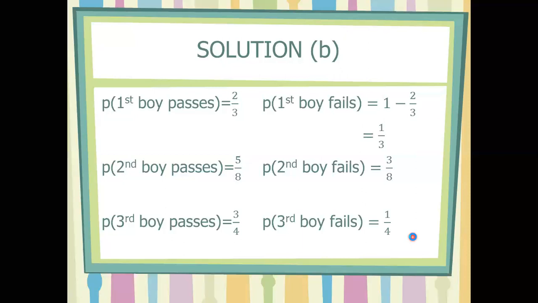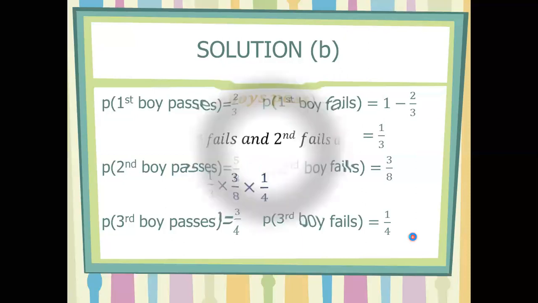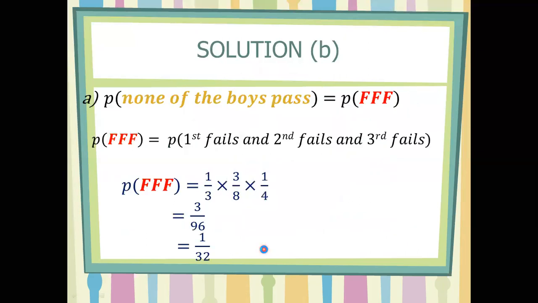So what I need to do is to work out the probability of the first boy failing, second boy failing, third boy failing as PFFF. Now that gives me 1 over 3 times 3 over 8 times 1 over 4. That's 3 over 96, and that simplifies to 1 over 32. So that makes very easy the solution to B.